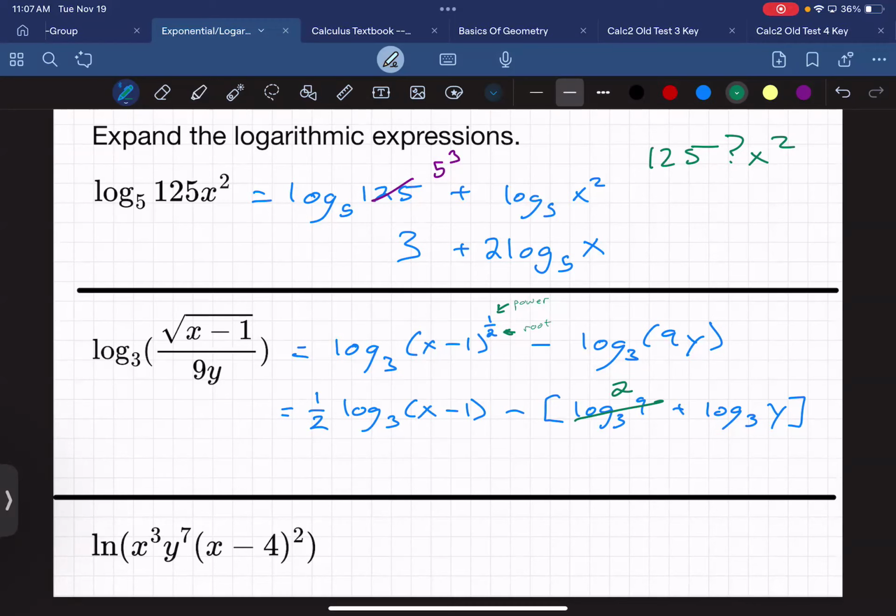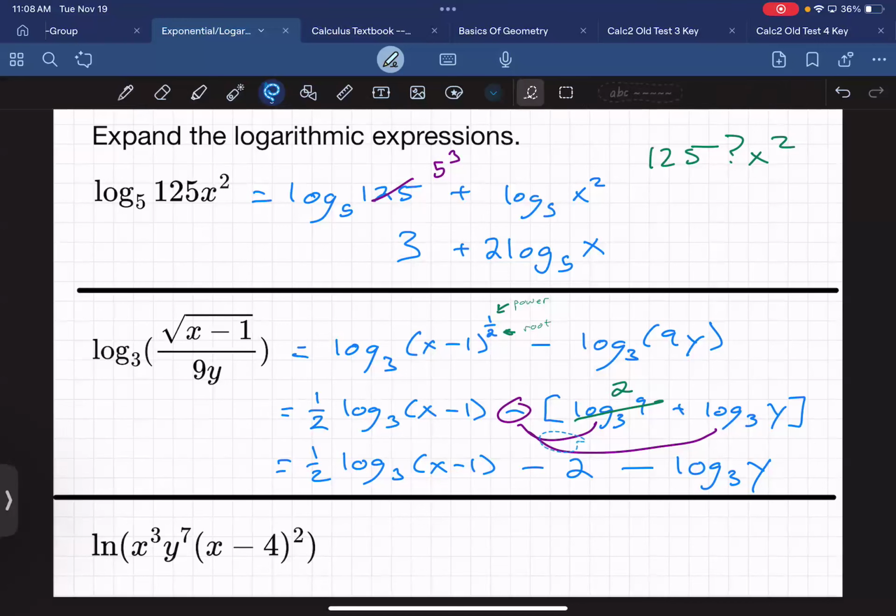But what you're also going to find here is we need to distribute the negatives to both of those. So our final thing that we can write here would be the 1/2 log base 3 of x minus 1, minus the 2, minus the log base 3 of y. Now, does it make sense that this is negative and this is negative?